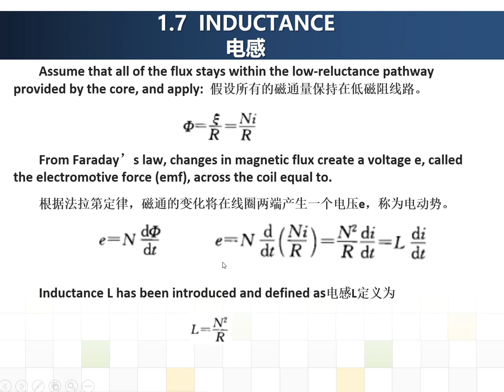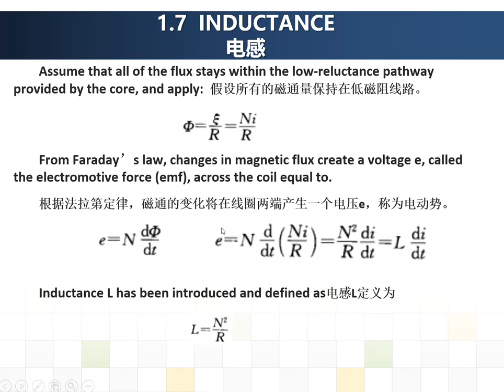Therefore, E is equal to N multiply d/dt of N multiply I divided by R. Therefore, it's equal to N squared divided by R multiply di/dt.